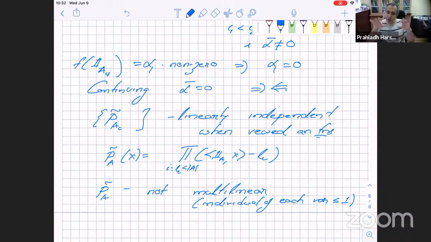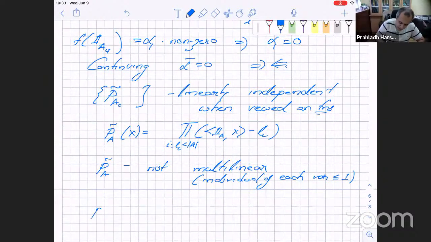One way of multilinearizing a polynomial is to replace every higher power: if a particular monomial has a power higher than 1 in a variable, just replace it by 1. Of course, if it doesn't have that particular variable, you don't do anything. Multilinearizing is just reducing all higher powers to 1. So let P A be the multilinearization of P tilde A.